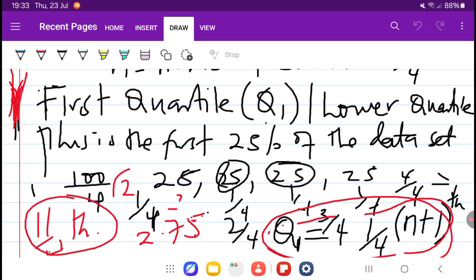You get those two values, you add them, and then you divide. We are going to have a look at some numbers so that we can see exactly what we are talking about.